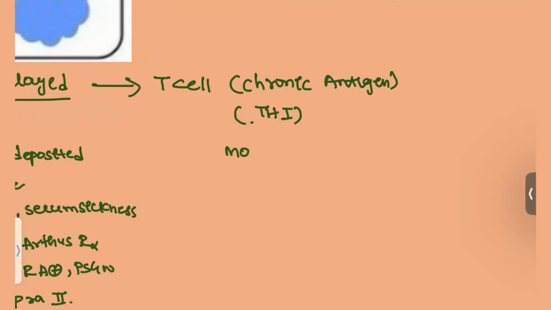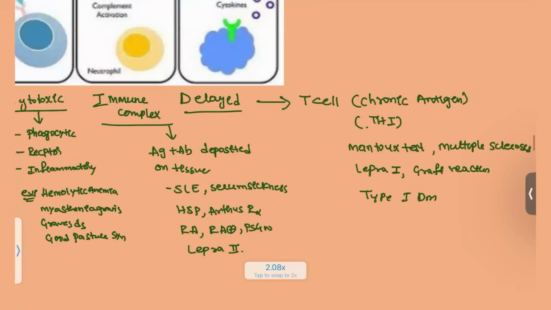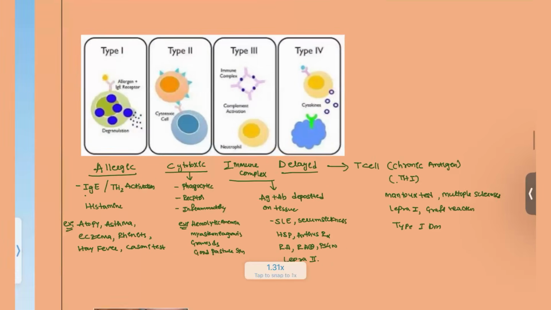Examples are the Mantoux test, which we do for patients with TB, and multiple sclerosis, lepra type 1 reaction and graft reactions, type 1 diabetes mellitus. These are some of the examples and types of hypersensitivity reaction.